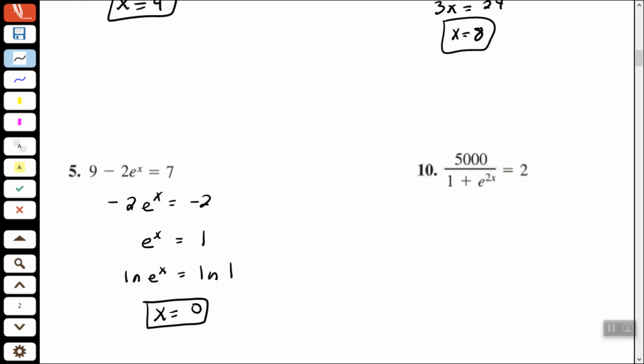Okay. All right. Number 10, we have 5,000 over 1 plus e to the 2x equals 2. So again, we want to isolate the e to the 2x. So the first thing we want to do is to get it out of our denominator. So I'm going to multiply both sides of the equation by 1 plus e to the 2x.